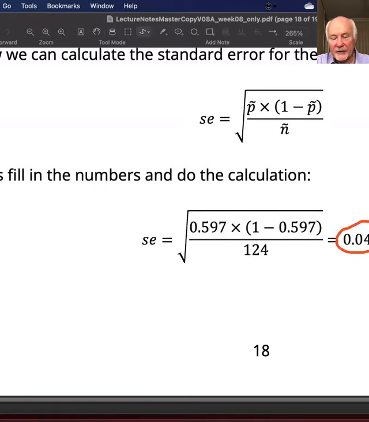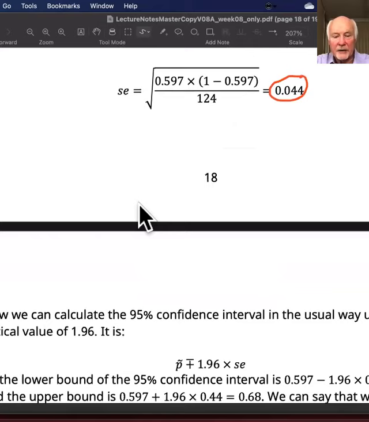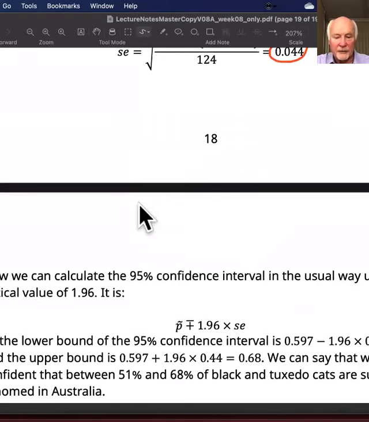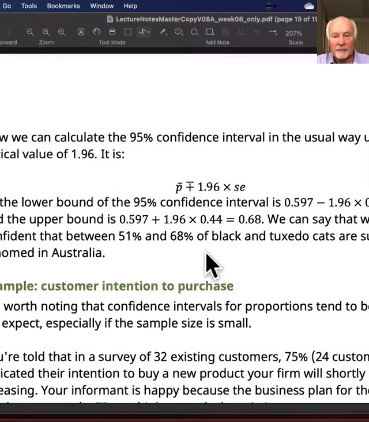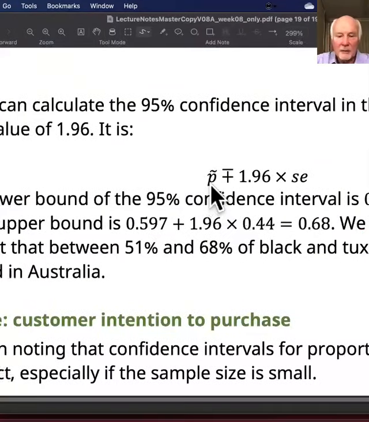And now that we've got the standard error, we proceed exactly as we did with the confidence interval for the median. I've written it here as the adjusted proportion plus or minus 1.96 times the standard error.